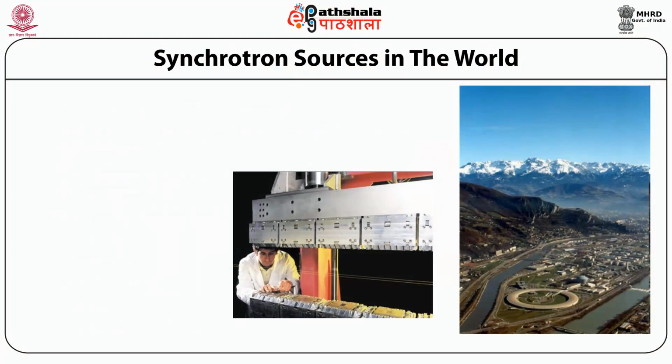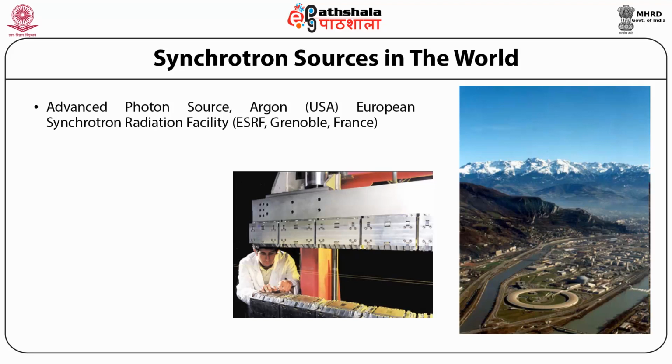Here I would just like to briefly tell the students that there are a very large number of synchrotrons around the world, but the prominent ones are the Advanced Photon Source in Argonne, USA, the European Synchrotron Radiation Facility in Grenoble, France, and SPring-8 in Japan.